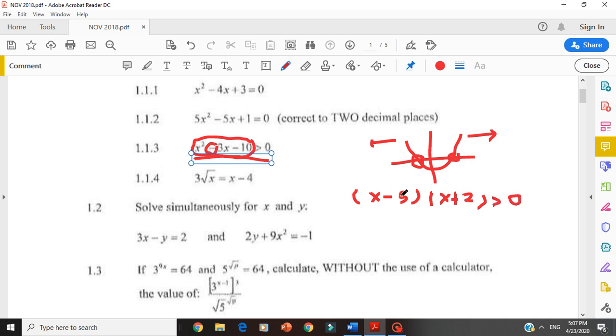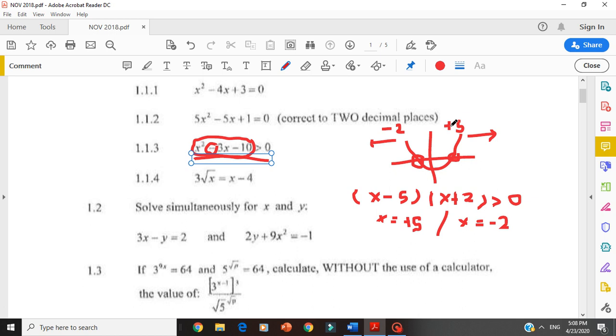Equating each bracket, we can see that x equals positive 5 or x equals minus 2. Okay, and so here you'll have minus 2, here you'll have positive 5.